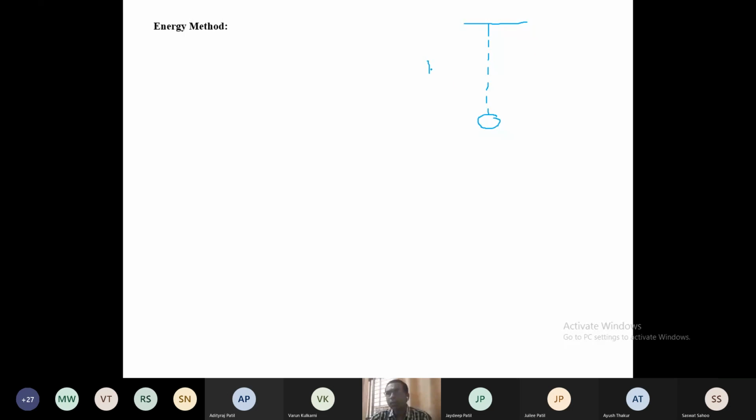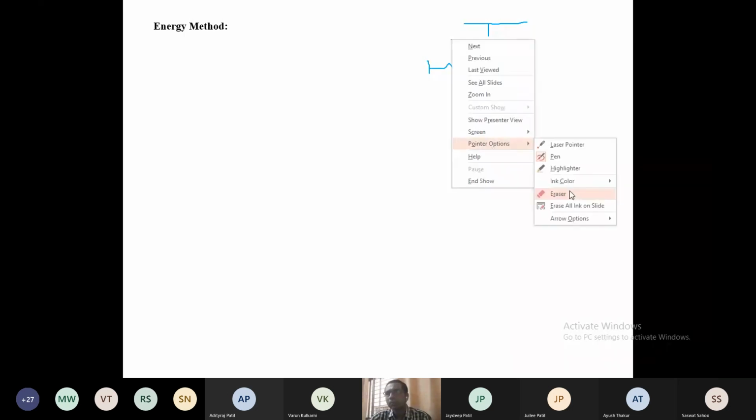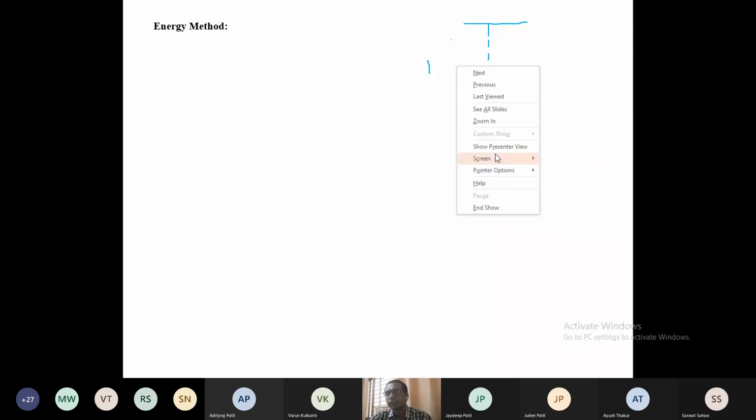Okay, now draw your spring. Now the system is displaced at an angle theta. Now this is the distance x. Now this distance is a. Total distance is L.